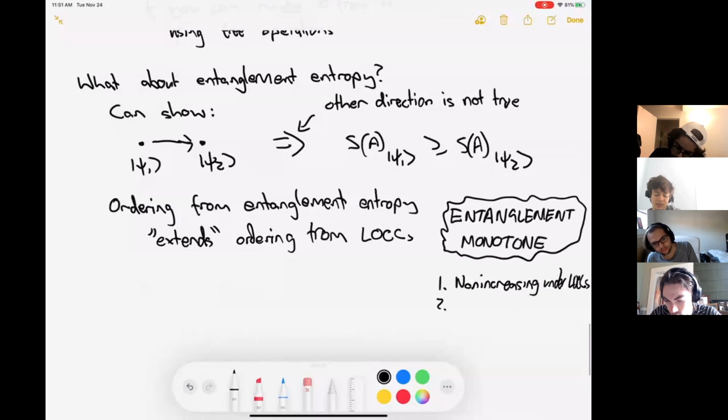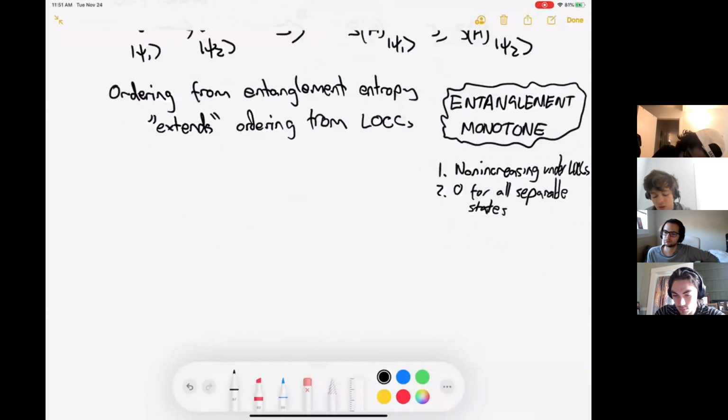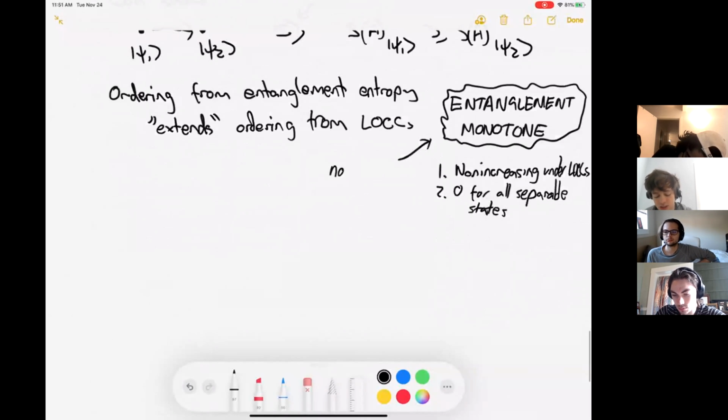And two is that it's 0 for all separable states. Okay, so that's enough to have the ordering induced by this entanglement monotone extend the ordering you get from LOCC operations. Of course, this is very non-unique.